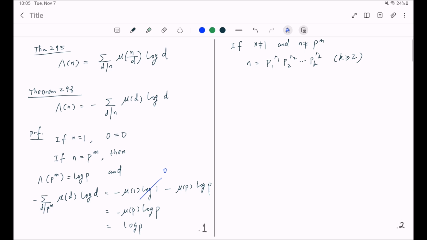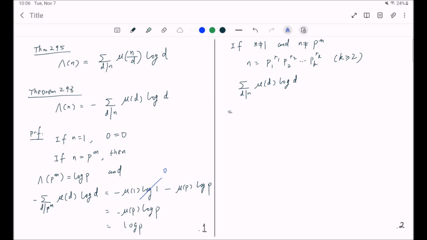Then again, let us consider the sum on the right hand side. Let us ignore that negative sign in the front, because in this case, we're going to show this sum is equal to 0. Because when n is not a power of p, lambda of n must be 0. So we are supposed to show this is equal to 0.